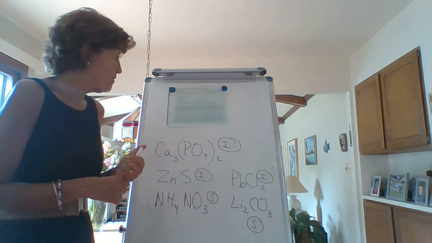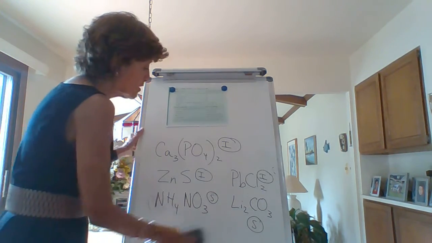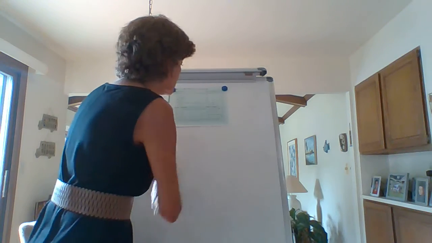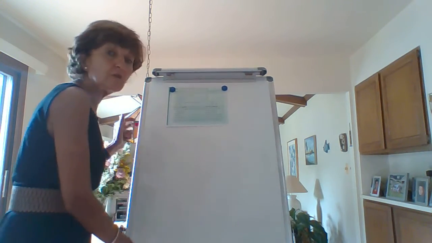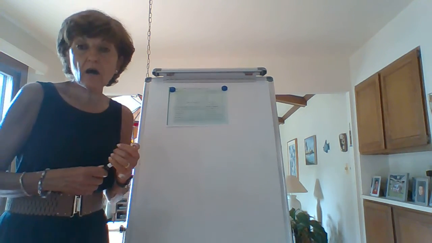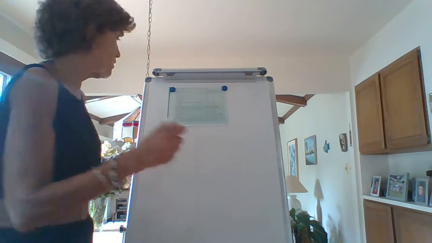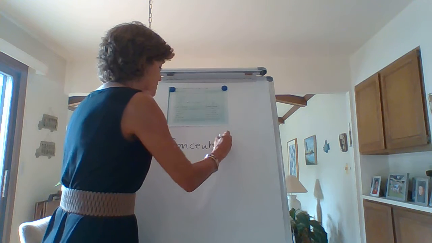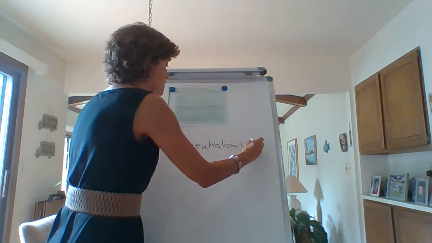Okay, good. The next video, we're going to start talking about calculations, where we're going to actually measure the concentration of solutions. So we're going to talk about concentration units.